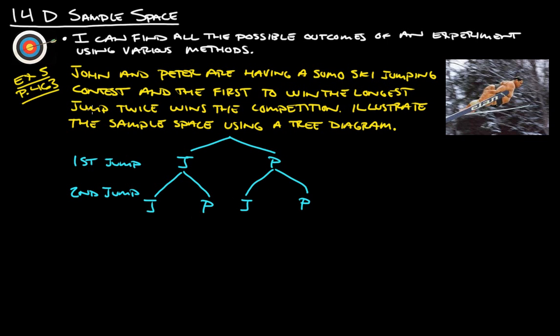Okay, so it says in here that the first person to win twice wins. So if we get John, John, then John wins. If we get Peter, Peter, then Peter wins. If either of these middle two happen, then you have to have a third jump.